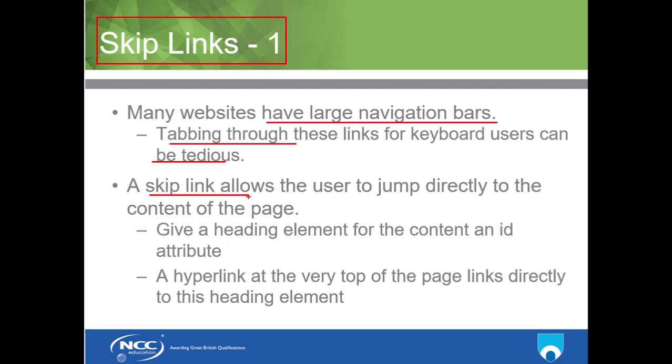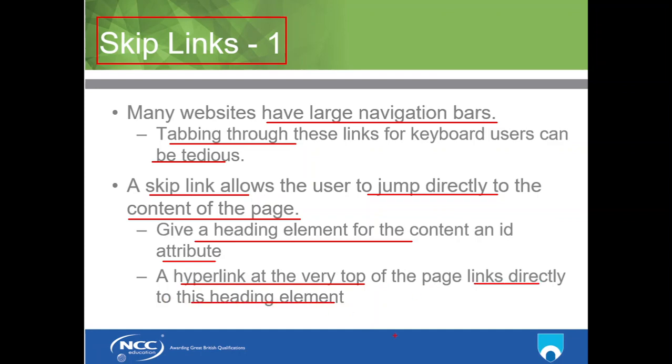Now, the skip link allows users to jump directly to the contents of the page. You give a heading element for the content an ID attribute. Then a hyperlink at the very top of the page links directly to this heading element.